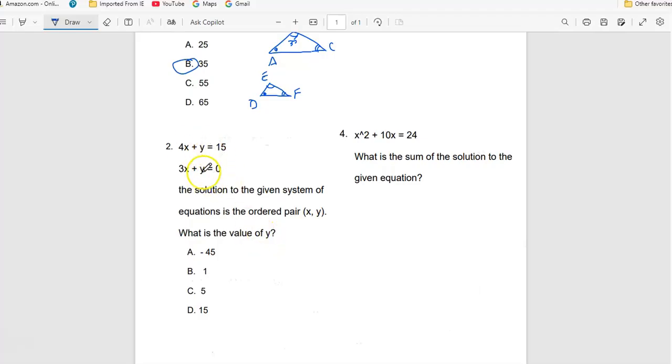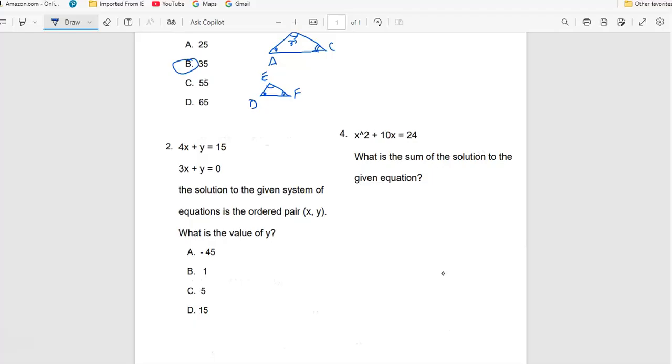If you take a look at this system, to work with a system of equations, you can use substitution or linear combination. Linear combination gets rid of one of the variables. Here, it's easier to get rid of y.